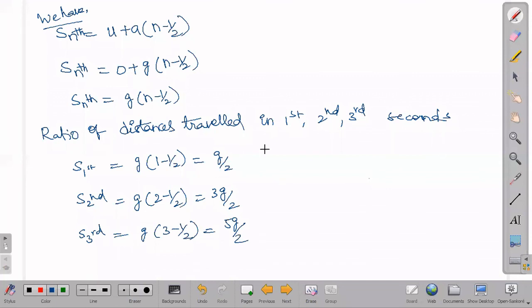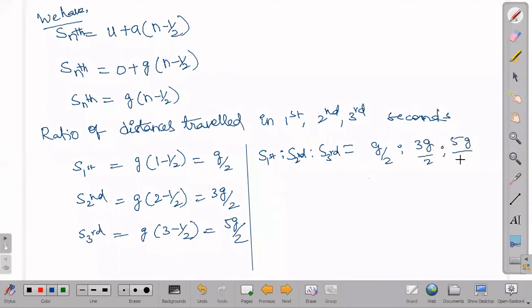Now if we write the ratio, S first to S second to the distance traveled in third, g by 2 is to 3g by 2 is to 5g by 2. So all these we are getting, right?